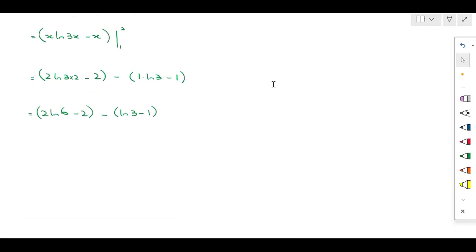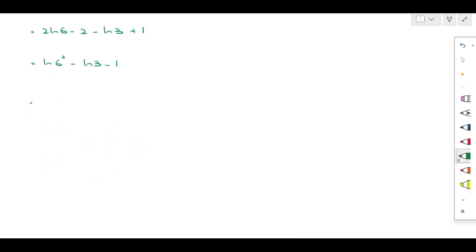Now we can say 2 natural log of 6 minus 2 minus natural log of 3 plus 1. The 2 goes to the power: natural log of 6 squared, minus natural log of 3, minus 2 plus 1 is negative 1.